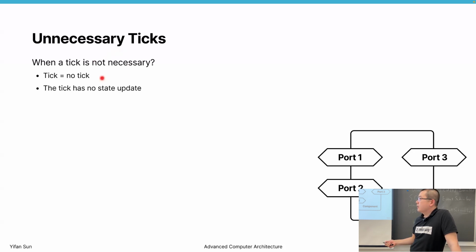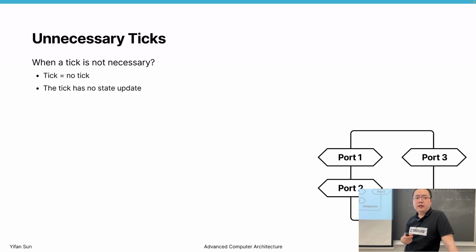Remember, this tick only applies to one component. Since it will only update the state of this component itself, if it doesn't update any internal state, any register state, it's safe to skip this tick, right?